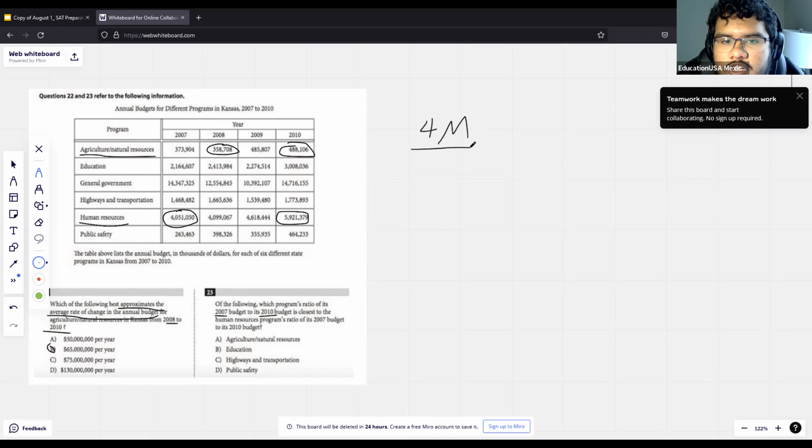And we want a ratio with the 2010 value, which is about 5.9 million. Since we're focusing on just the first digit of the budget number, we can almost go with the 5.